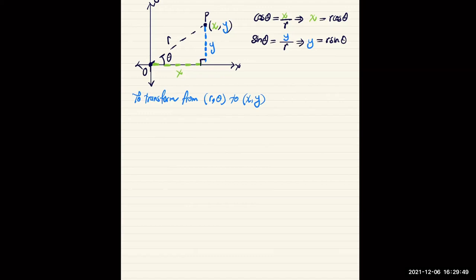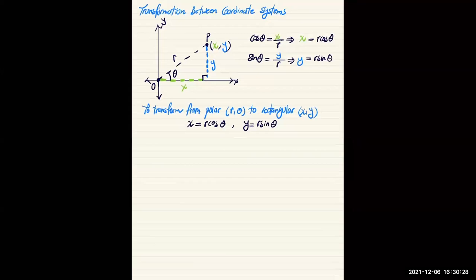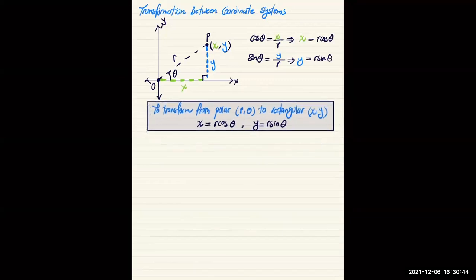You want to go from polar to rectangular. The transformation rules are x equal to R cosine theta, and y is equal to R sine theta. So that's our first rule. Very simple, no-brainer, basic right triangle trigonometry here, and that's it. A lot can be done using this simple idea.